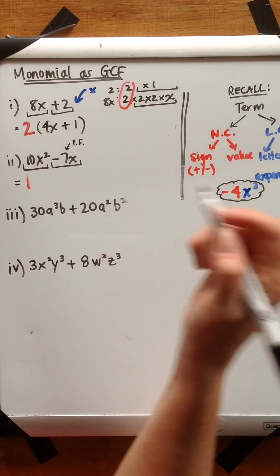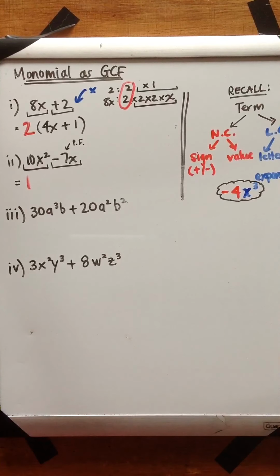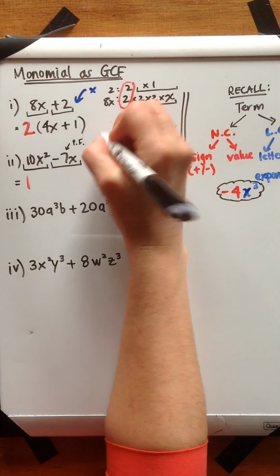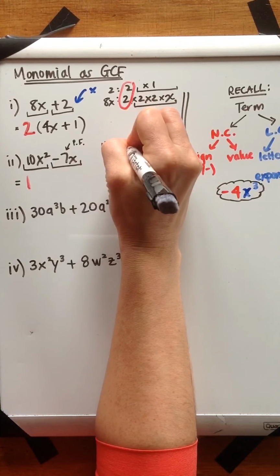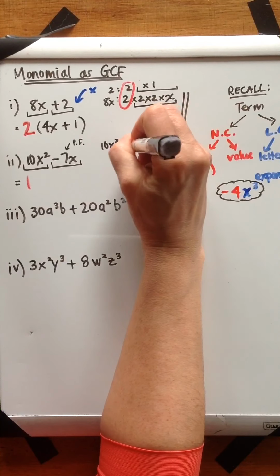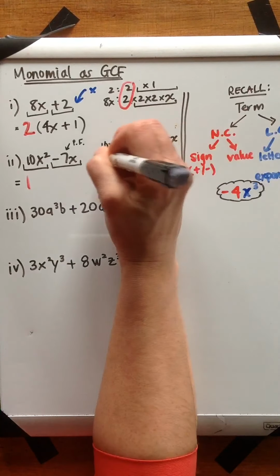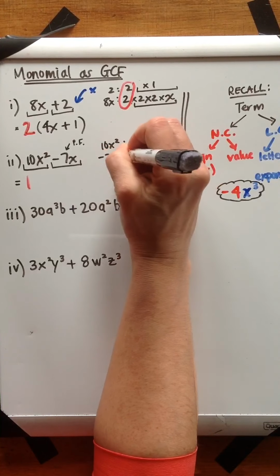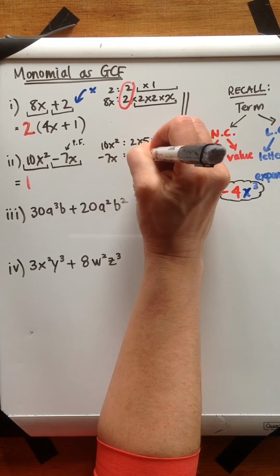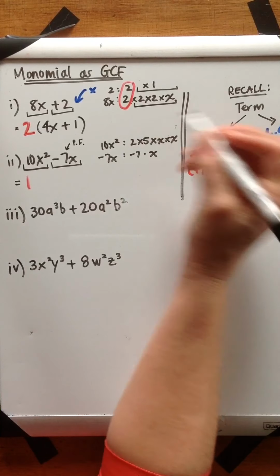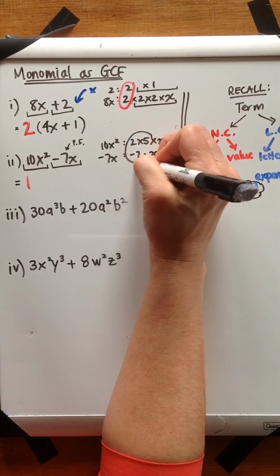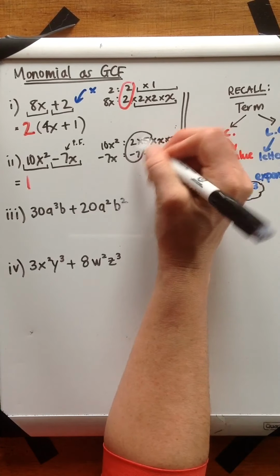Now, when I look at the literal portion here, I have 10x squared that can be broken down into 2 times 5 times x, and I have negative 7x that can be broken down into negative 7 times x. So again, I'm reinforcing here, none of the numerical components are in common.